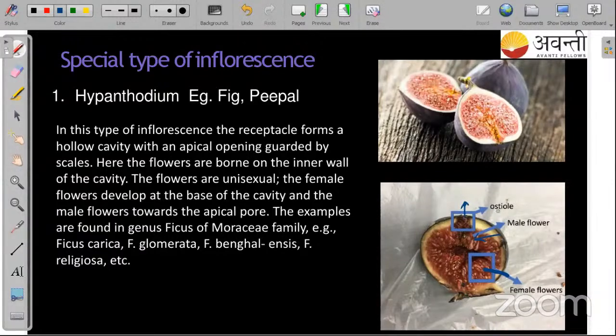So you can read here. The flowers are borne on the inner wall of the cavity. The flowers are unisexual. The female flowers develop at the base of the cavity, and the male flowers toward the apical pore. So here male flowers develop, here female flowers develop.